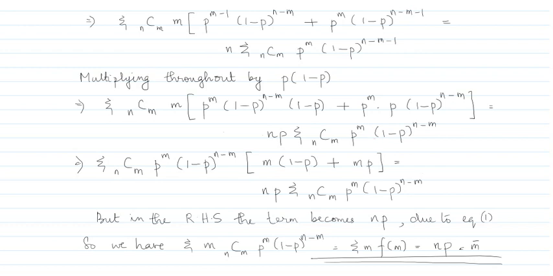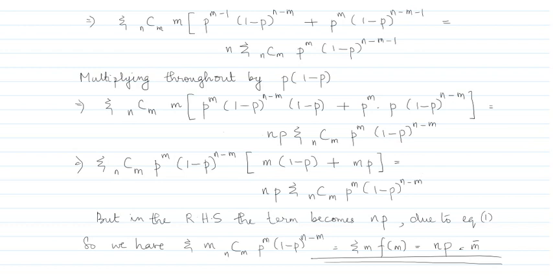again p into 1 minus p, I write it as np. I can take that p outside the summation because summation is for m equal to 0 to n. And rest of the terms become like this. Okay.